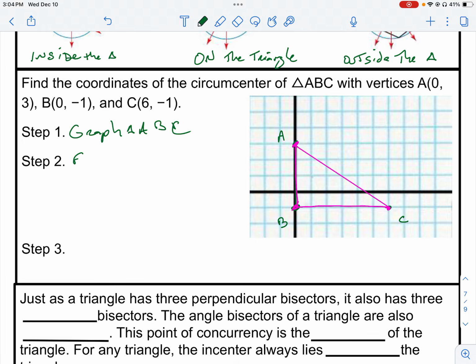Then step 2, we're going to find the equations of 2 perpendicular lines.